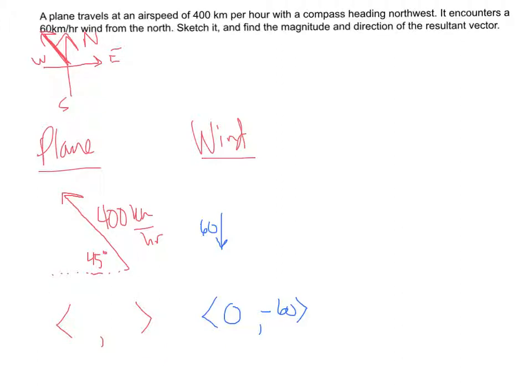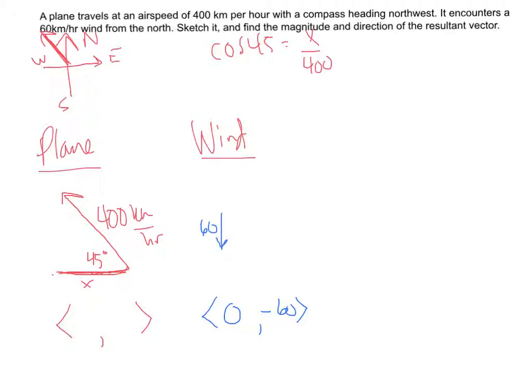So to find the x component of the plane, the x side is the adjacent side, and the 400 is the hypotenuse. So we're going to do cosine of 45 equals x over 400.